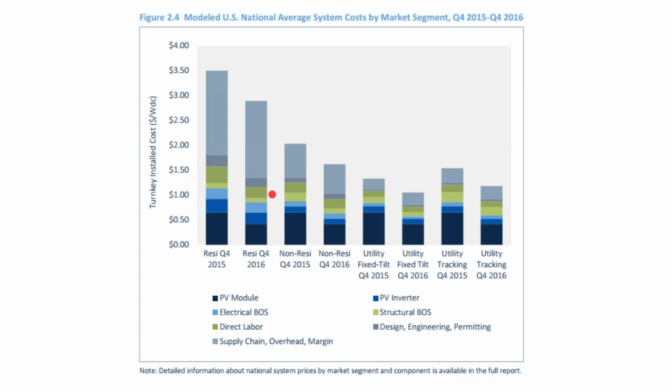Structural, that's your racking cost. So racking is around 20 cents a watt. Then design, engineering, and permitting.